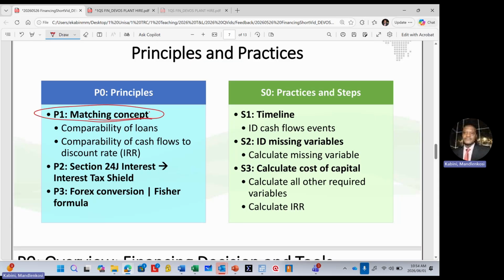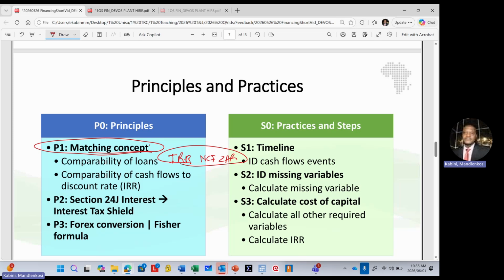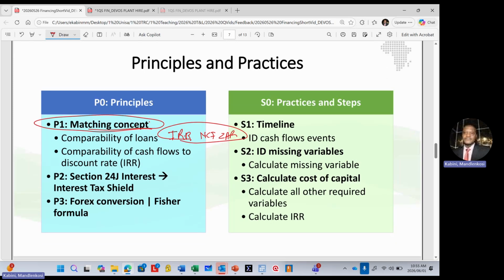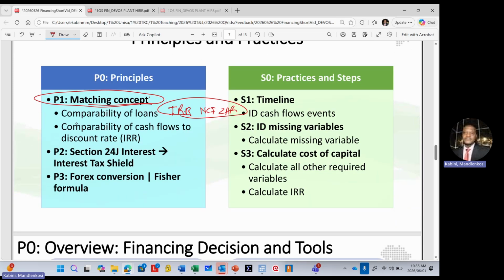We had to match the two loans in terms of comparability using IRR based on the net cash flows that are in South African rands for both of them, and they had to be after tax because we took Section 24J into account for both loans. For the two loans to be comparable, we applied Section 24J using our financial calculator. After identifying the missing variable, we were then able to invoke second function amort on our financial calculators.